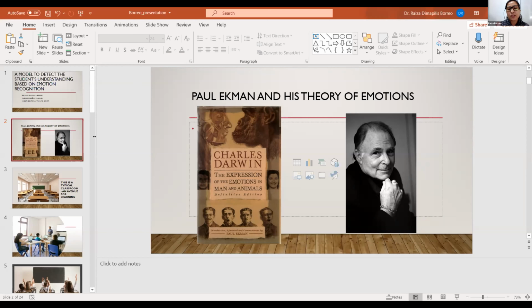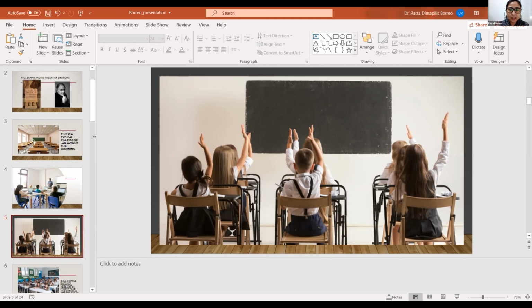The teachers are left in doubt whether their students have learned something or whether they understand the lesson. There are many different ways to measure the level of understanding of the students. But on my side, I tried to integrate technology, particularly artificial intelligence and data analytics, into my teaching methods.